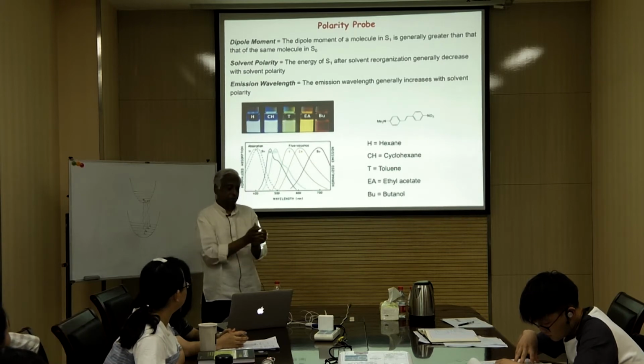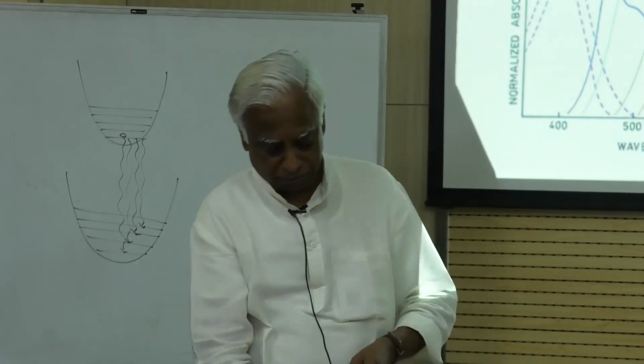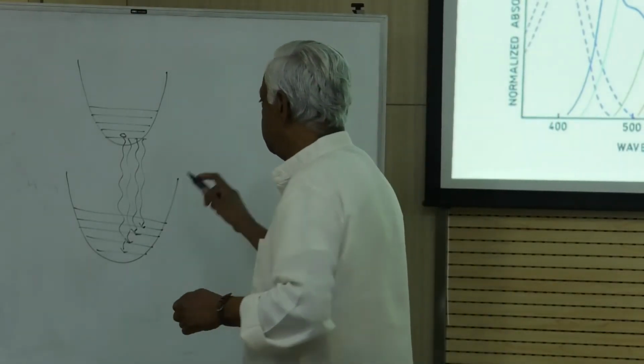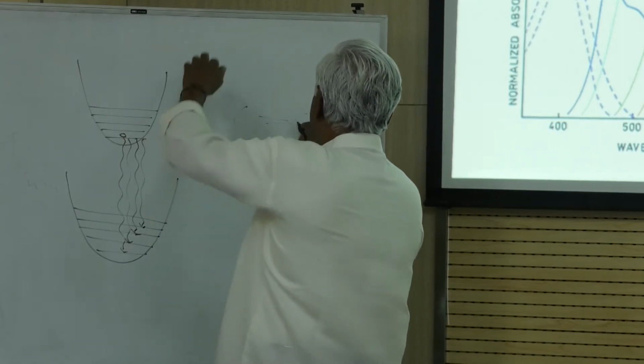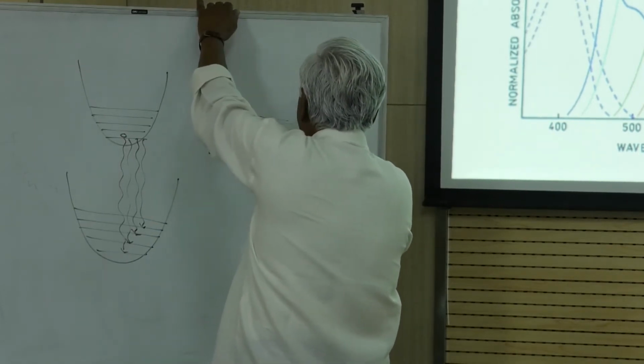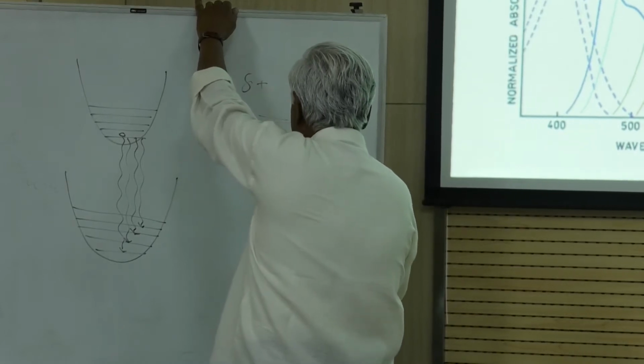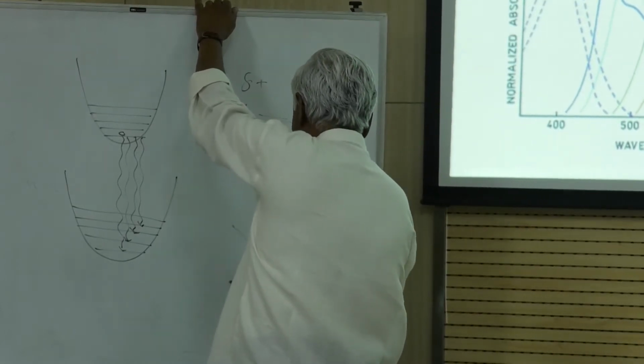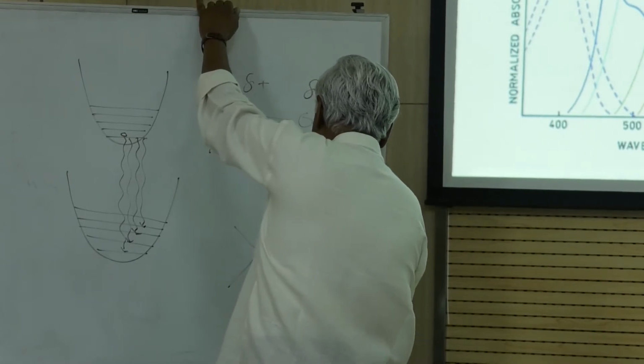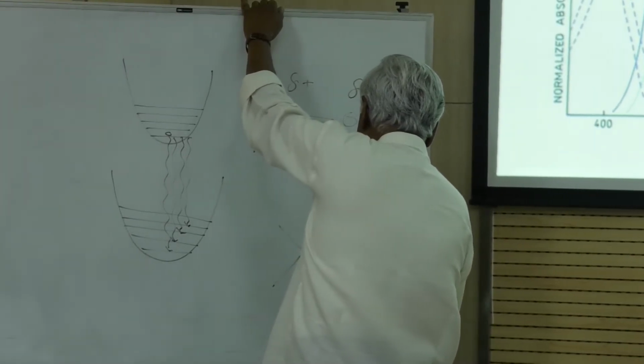Suppose you take a carbonyl compound. In the ground state, it is going to be like this, minus and plus. When you excite this, it will go to the excited state, where the polarity might change.